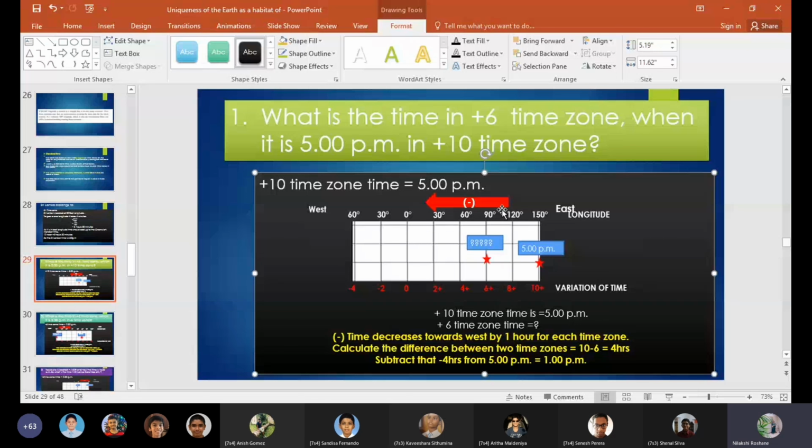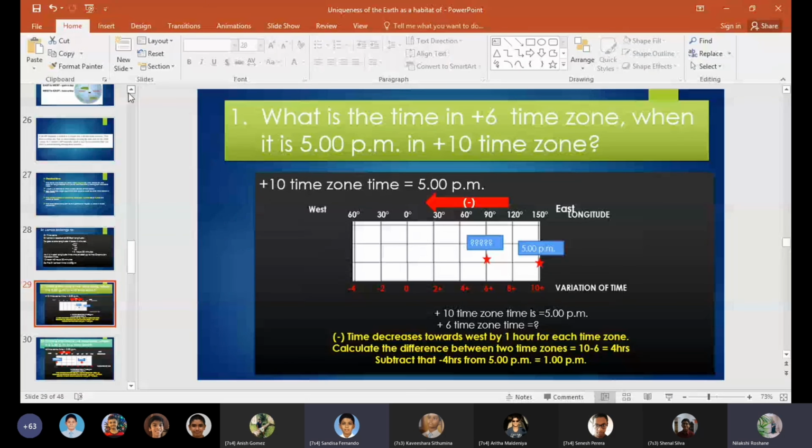Earlier we discussed, if you are traveling from east towards west, what do you have to do? You gain a day? No, that is about the international date line. Forget that for a minute and consider the hours. Whether the time increases or decreases. Decreases. Yes, you remember.